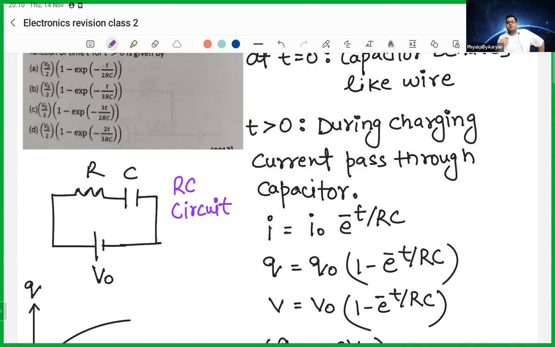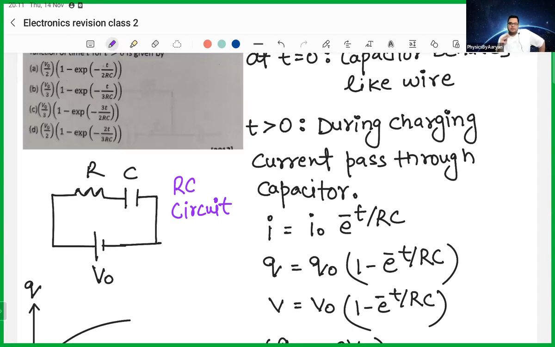Every circuit has some sort of resistance, so I can never ignore it. I cannot just say I have connected the battery directly to the capacitor. Whenever currents flow and batteries are applied, resistance comes automatically.